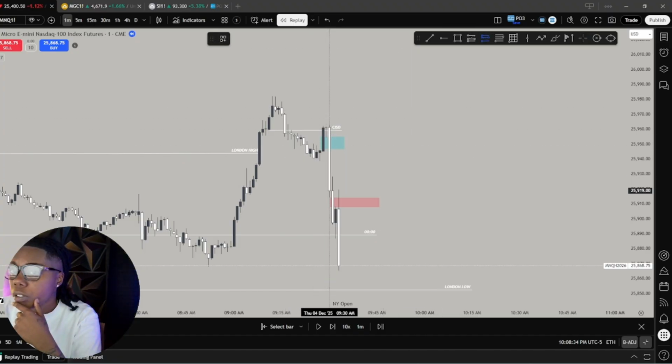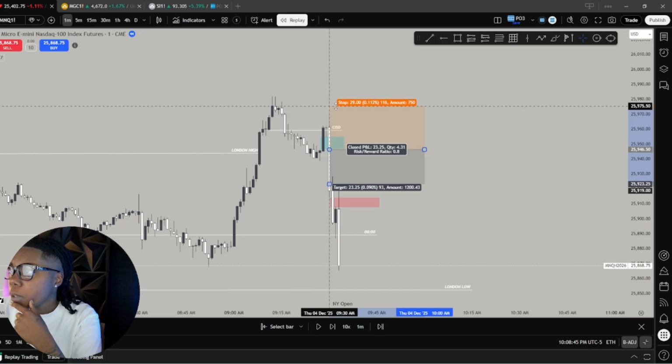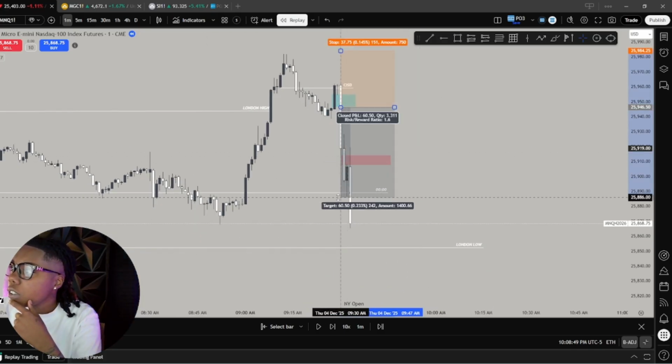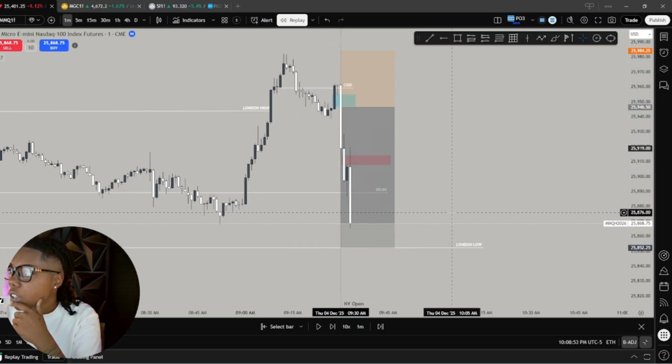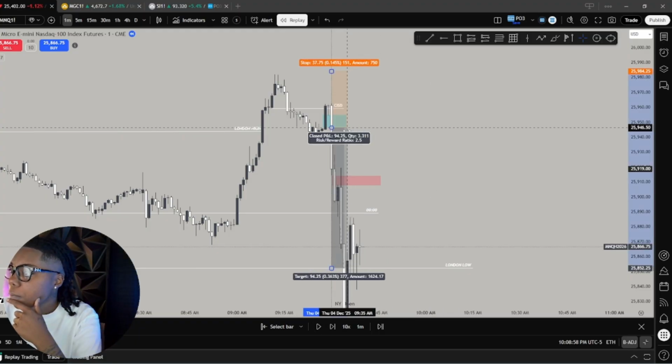From this point, we could have been here. After breaking, stop loss may be here at these highs, and we could have targeted midnight's price, or we can target London. And there we go.